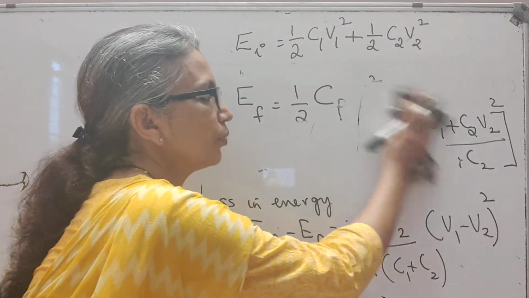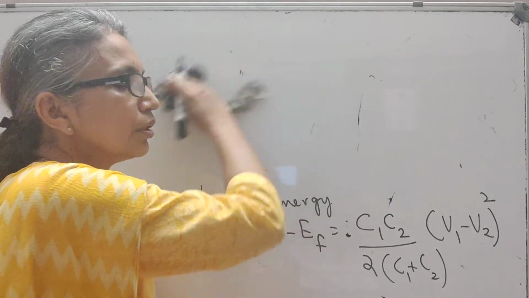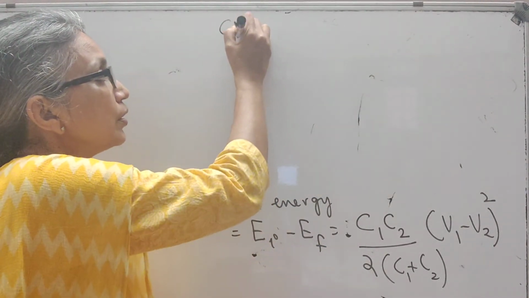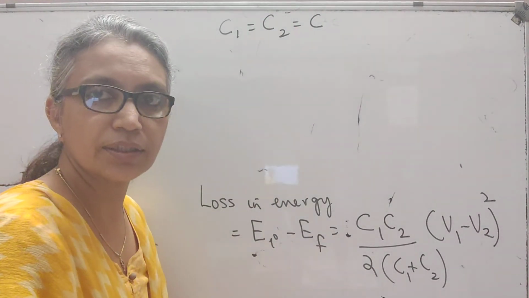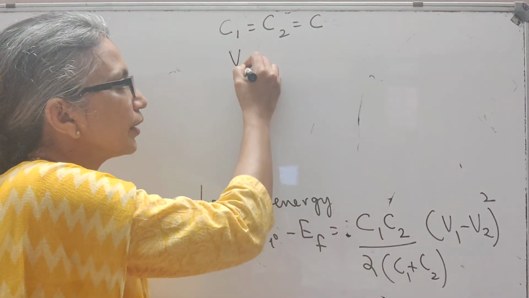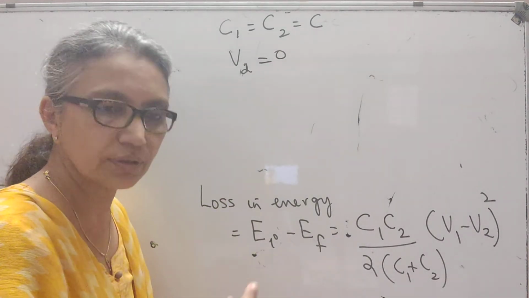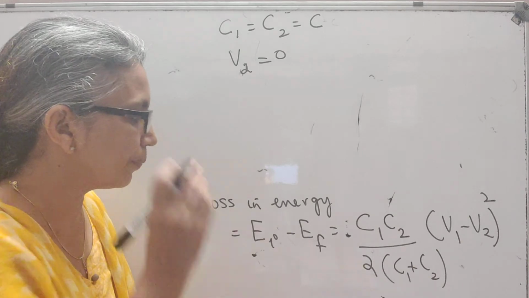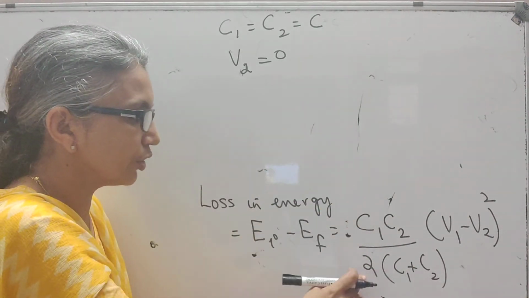Suppose you get a problem where the two capacitors have the same capacitance, that is, C1 is equal to C2 is equal to C. And sometimes they'll tell you the second one is not charged. They don't have a battery in the second one, so the second one is 0. No charge is given to it. So E initial minus E final, I'm going to substitute this special condition here.